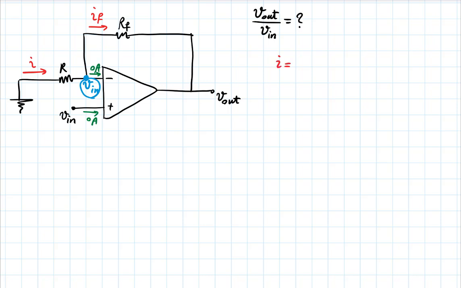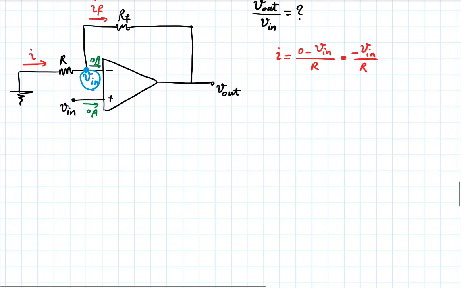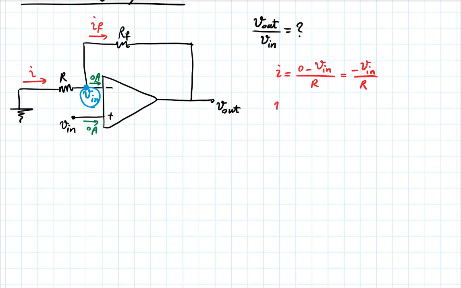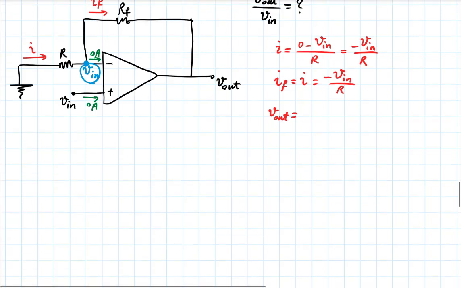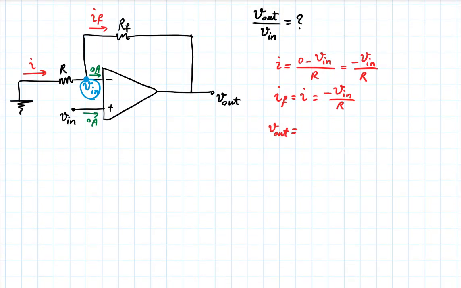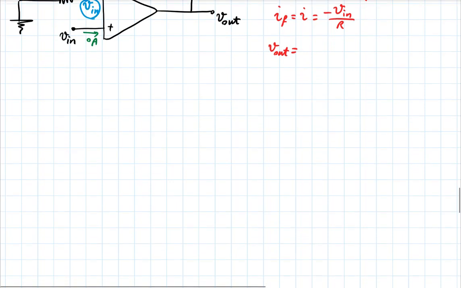I is 0 minus Vin divided by R. That's simply minus Vin by R. IF is the same as I. And Vout is Vin minus RF times IF.